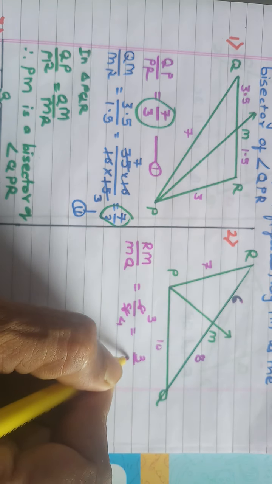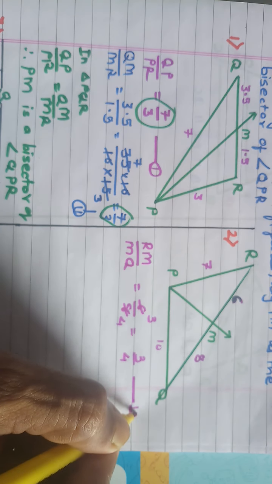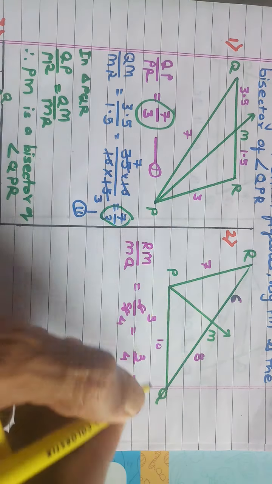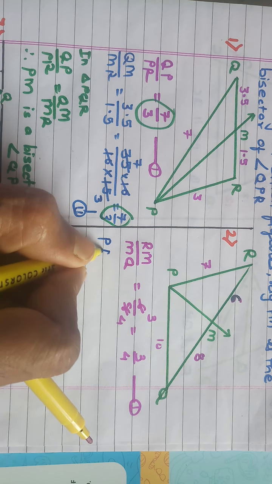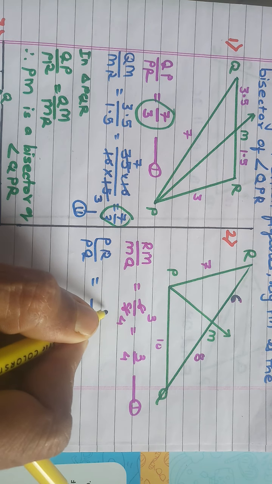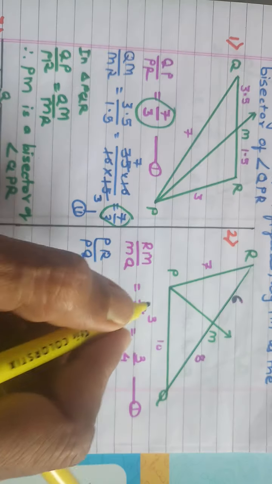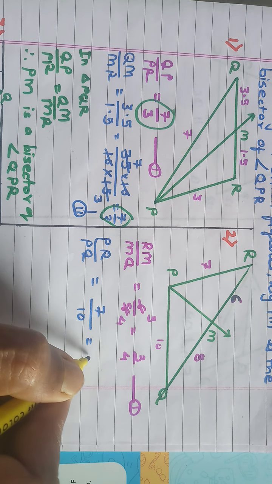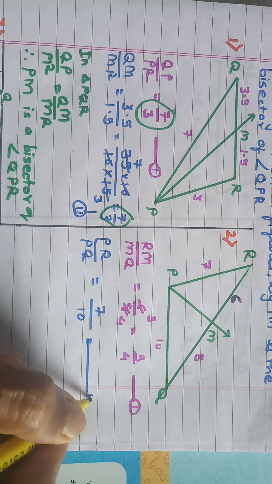The ratio of this is 3 upon 4, equation number 1. And the other is RP to PQ, or we can say PR and PQ. The ratio of these two, PR is 7 and here is 10. So there is no common factor. So this is equation number 2.